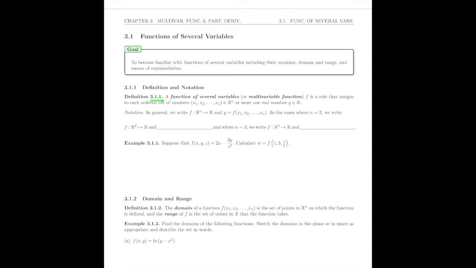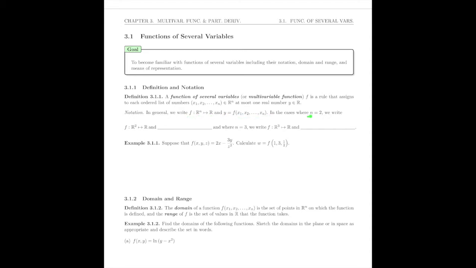So definition 3.1.1, a function of several variables, or a multivariable function. F is a rule that assigns to each ordered list of numbers, a point (x1, x2, ..., xn) in Rn, at most one real number y. Notation: in general, we write f goes from Rn to R, and y is f of (x1, x2, ..., xn).